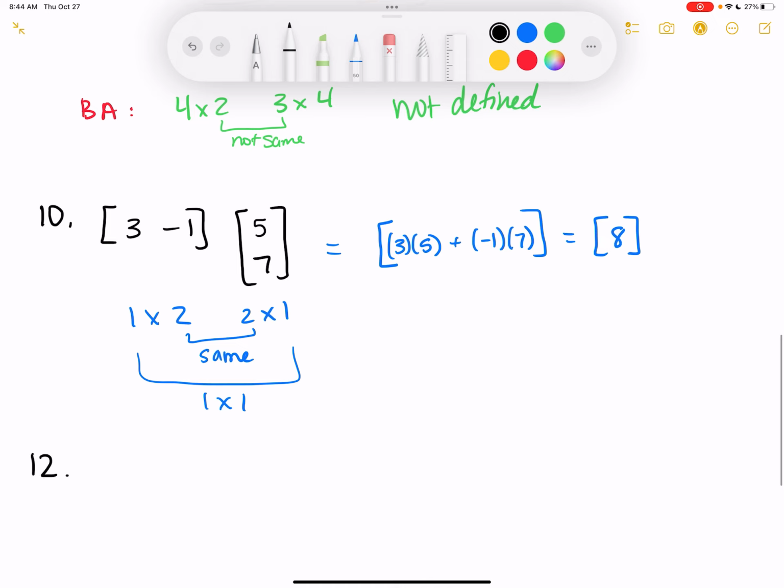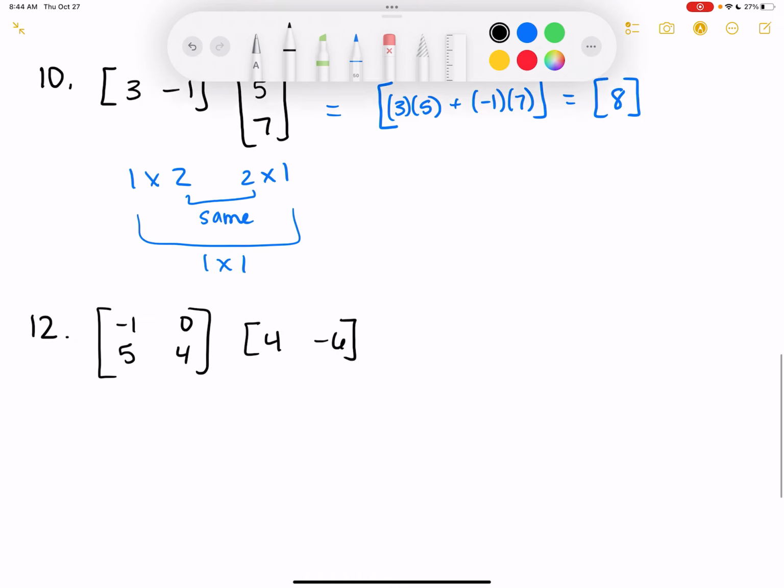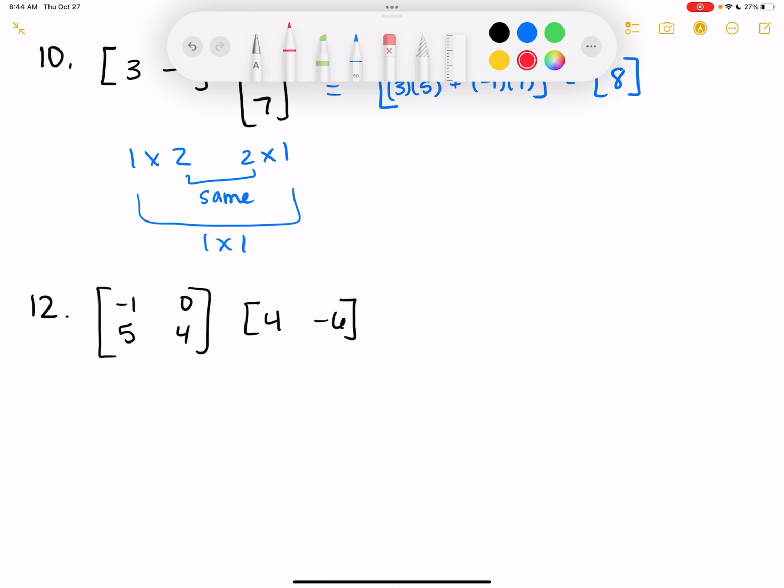All right, 12. I've got -1, 0, 5, 4, and 4, -6. So what is this matrix? Like, yep, 2 by 2. And what is this one? 1 by 2. So can I do this one?